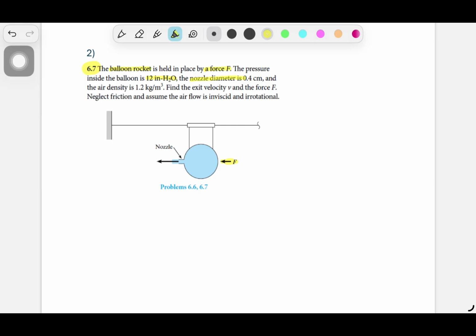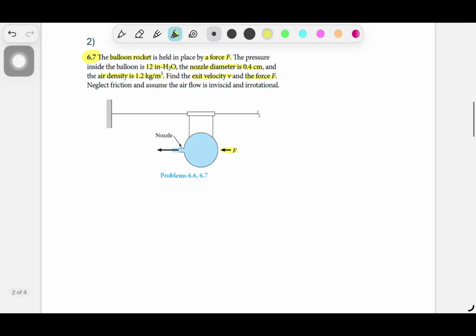And the nozzle diameter is 0.4 centimeter. The air density is 1.2 kilogram per cubic meter. And we define the exit velocity V and the force F. We are neglecting friction and assume the flow is inviscid and irrotational, so that we are simplifying the question.